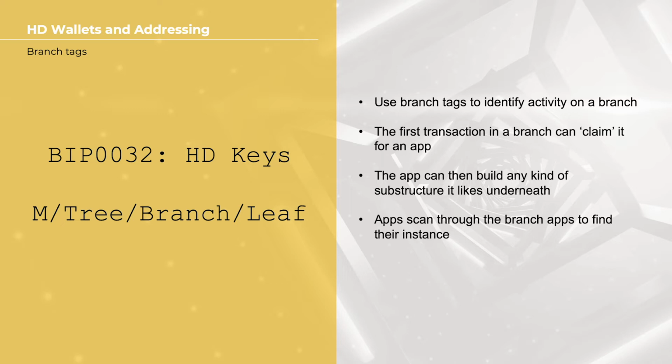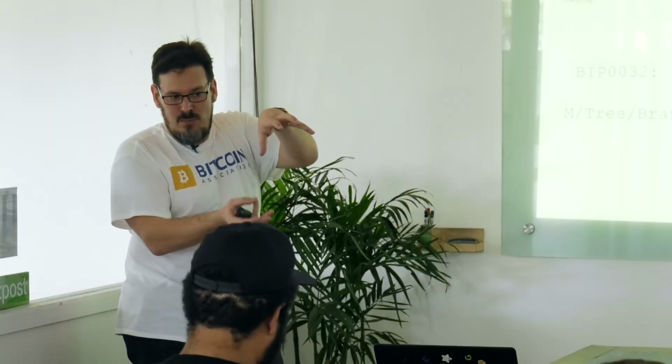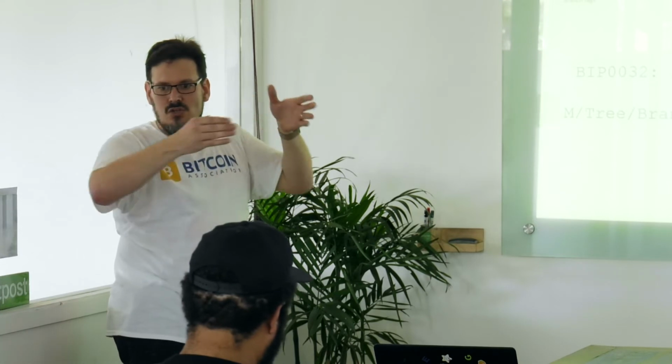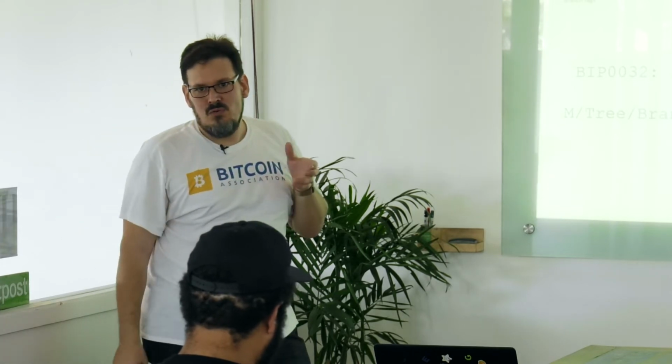And we can use branch tags to identify activity within a branch. So if you're a corporation, you can have a branch for each department within your corporation. Even under that branch, you can give separate branches to the individual people working within that part of your corporation. Those individual people have their own branches that generate their own sets of addresses, and you can go as deep as you like with these trees.